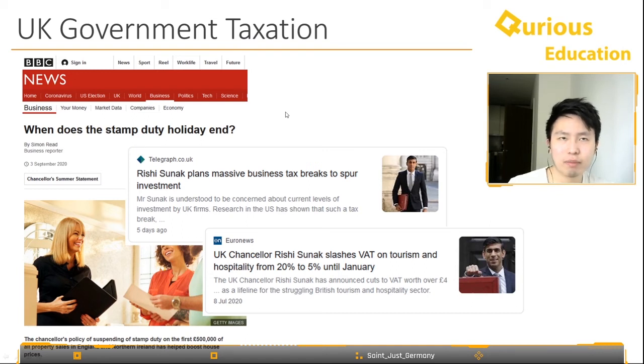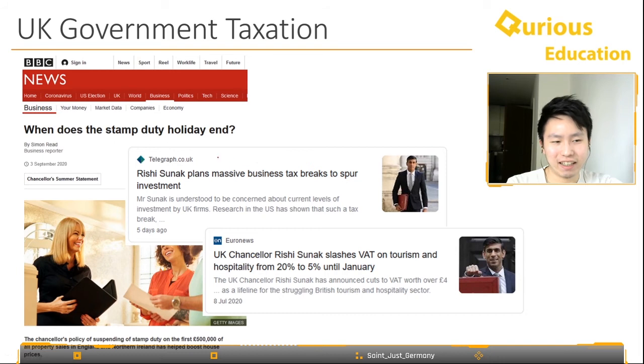If the government decreases taxation and is taking less money from the economy, then this is stimulating the economy as well, because we're leaving the economy with more money within the circular flow of income between the households and the businesses. So if we reduce taxation, it would stimulate the economy, but if we increase taxation, it would shrink the economy.